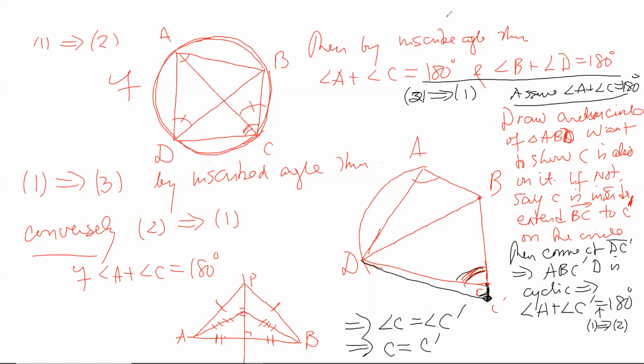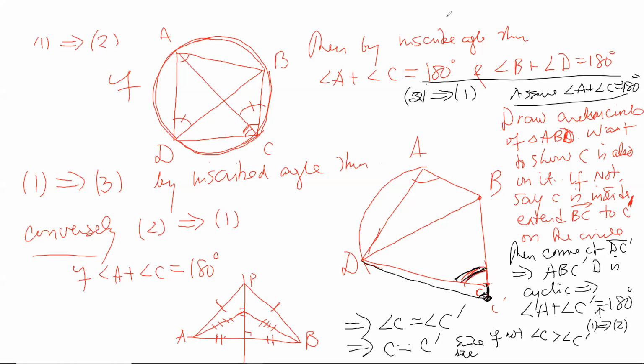This angle must be equal to this angle because this angle is the exterior. If not, angle C must be greater than angle C prime because the angle C is the exterior angle of this triangle CDC prime, right?